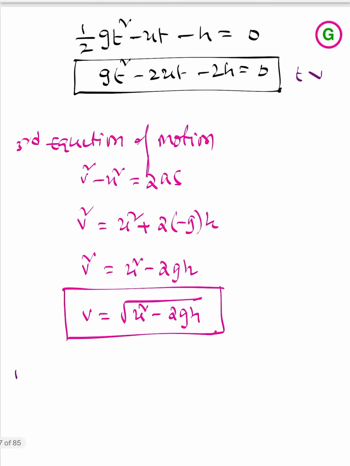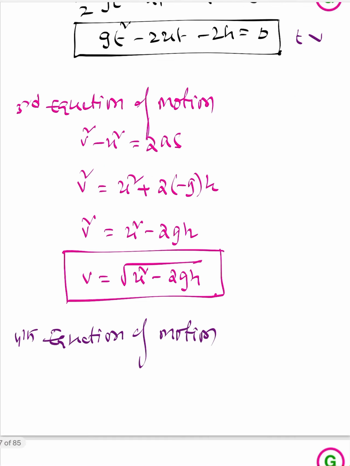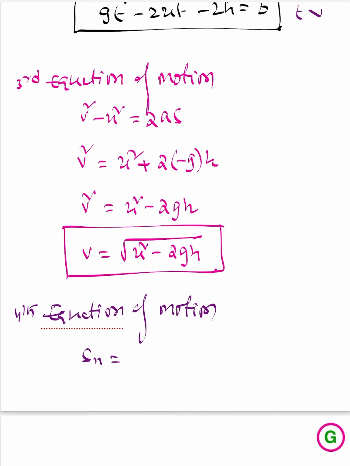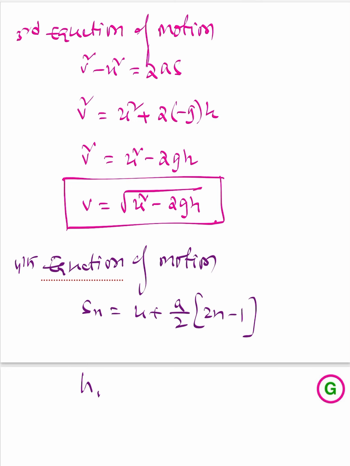And then the fourth equation of motion, the displacement covered in the nth second. Sn equal to u plus a by 2 into 2n minus 1. This can be written as minus hn equal to u minus g by 2 into 2n minus 1.